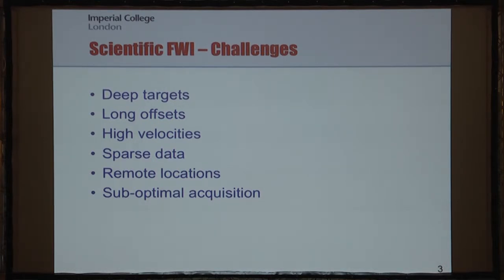So many of the scientific targets that we'd like to look at have some or all of these sorts of problems. They're often quite deep. Often the things we want to see scientifically are a lot deeper than the things we would like to see in petroleum exploration. Not always, but generally they're deeper. Typically that means we need longer offsets, and in petroleum perhaps long offsets are 10, 15, 20 kilometers.